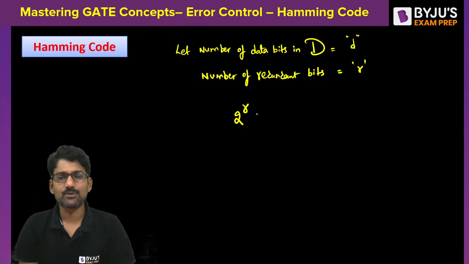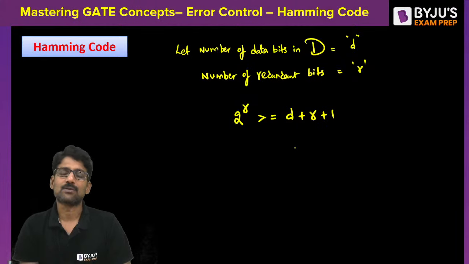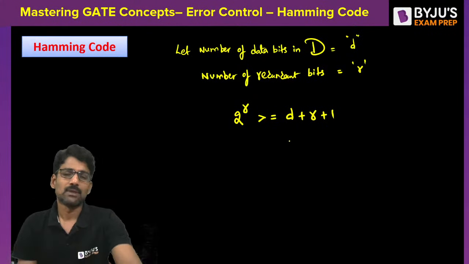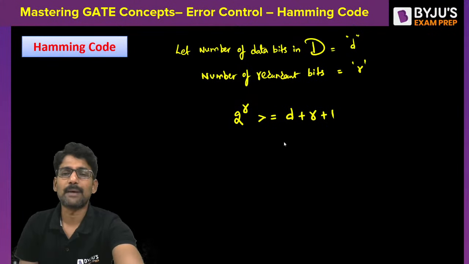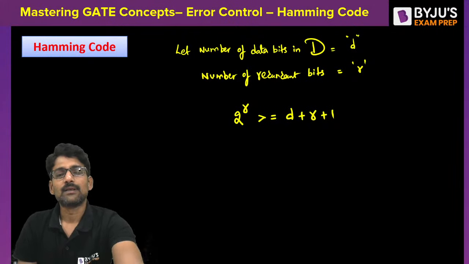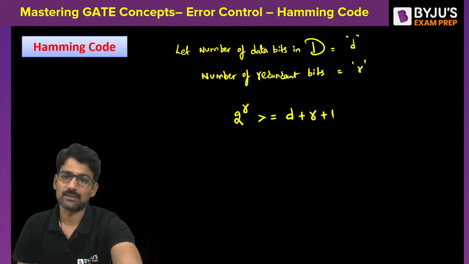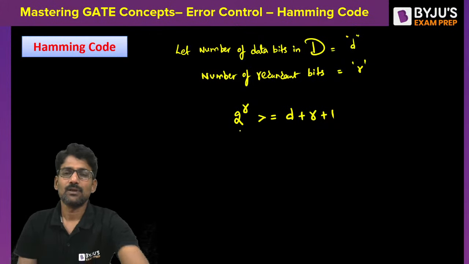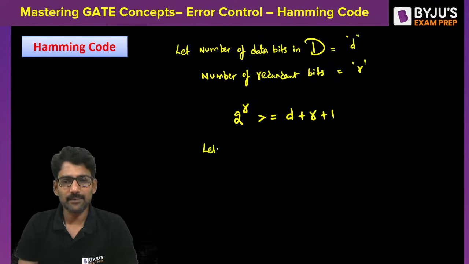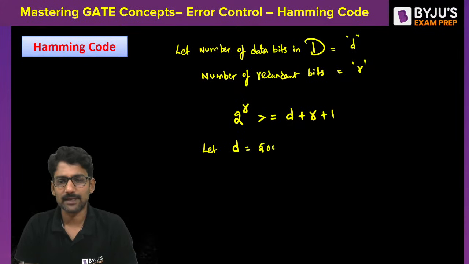If 2 raised to R greater than or equal to D plus R plus 1, or somewhere you may find 2 power R minus 1 greater than or equal to D plus R, because both are same. So let I am having the data bits, let us suppose I am having 500 bits.